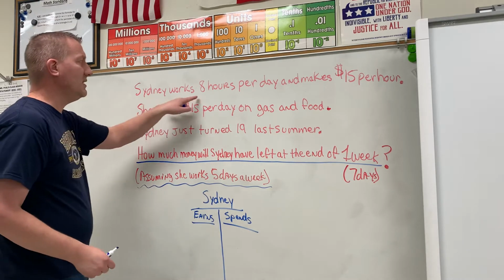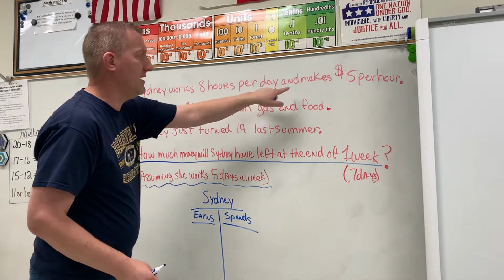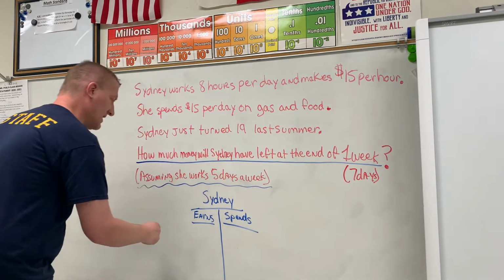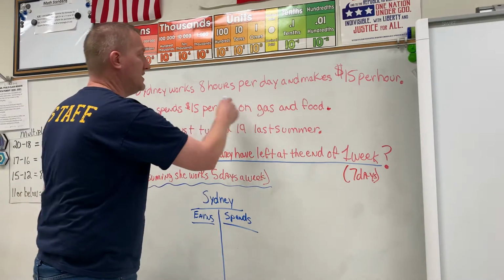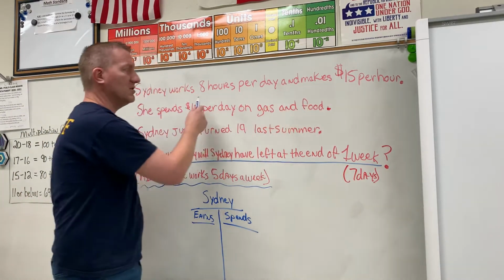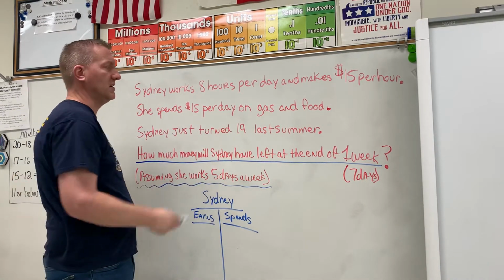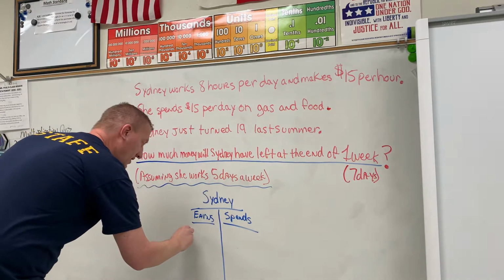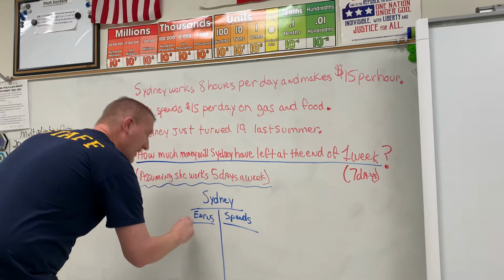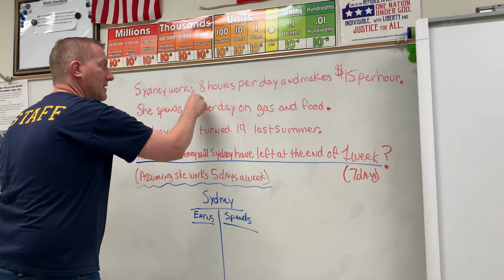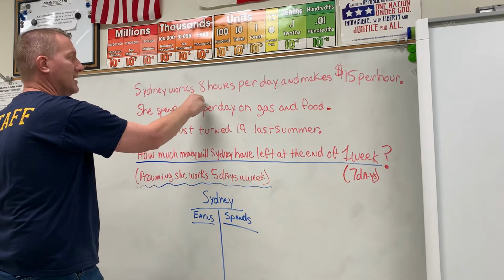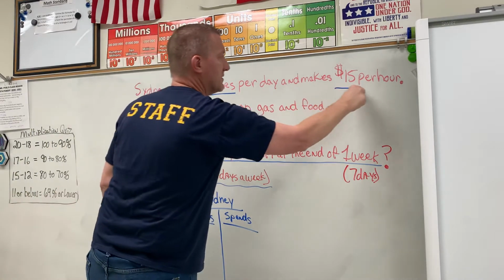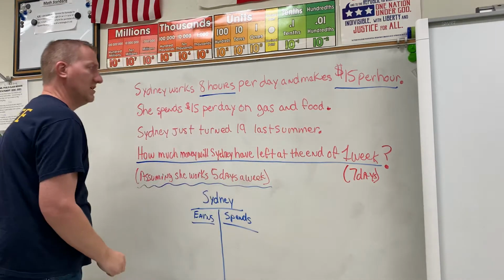So it says Sydney works 8 hours per day and makes $15 an hour. So is she spending that money or is she earning that money? Well, she's earning that, right? So over here we have 8 hours times $15 per hour.